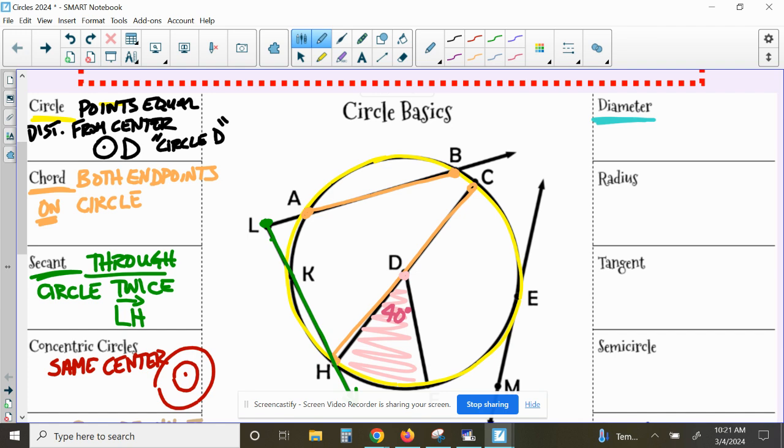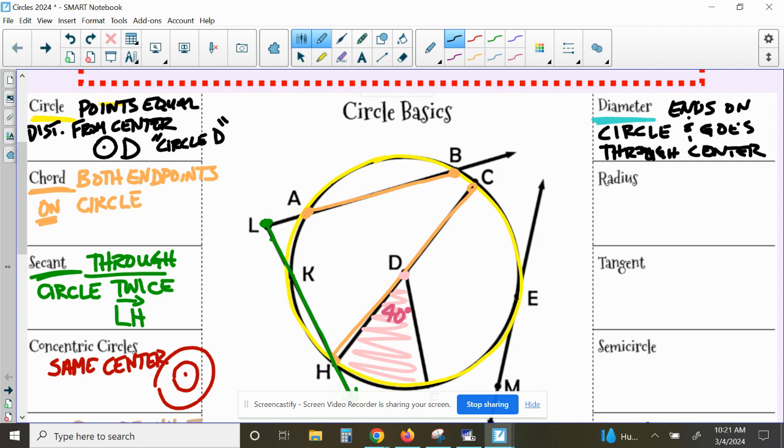So it ends on the circle and goes through the center. Sorry about my writing.